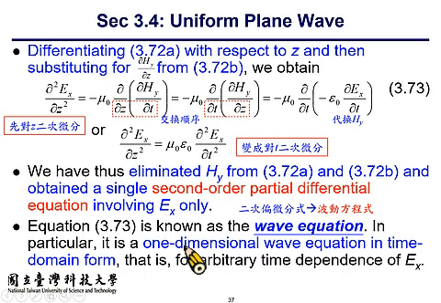Considering this term and this term, we can rewrite the relationship as a second-order derivative: the second-order derivative of Ex with respect to z equals mu sub 0 times epsilon sub 0 times the second derivative of Ex with respect to t. Okay? So you have this relationship.